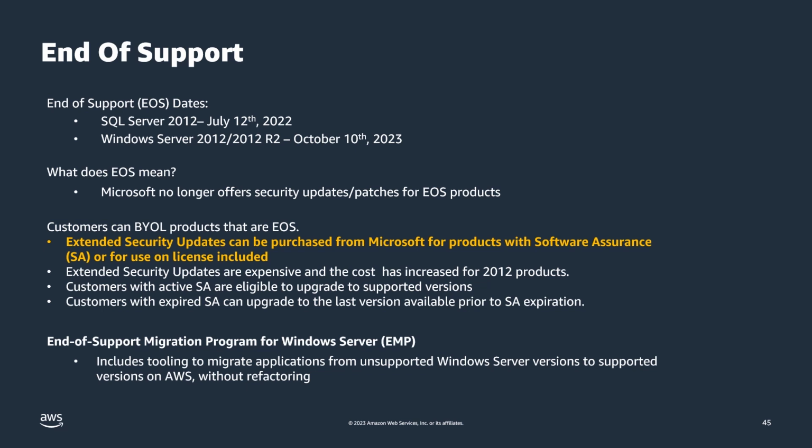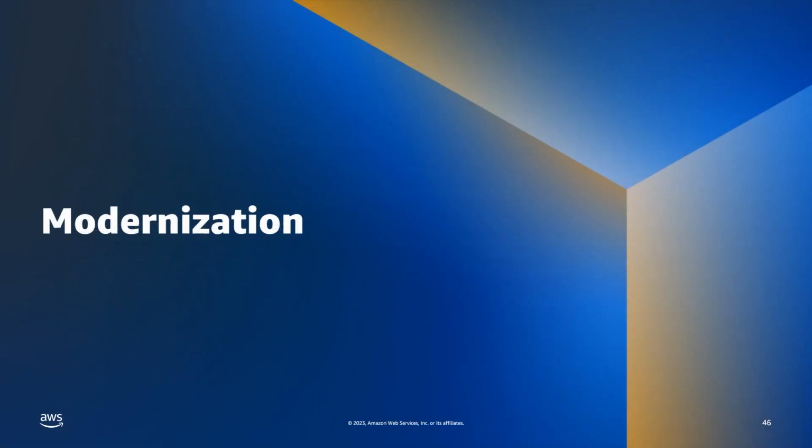We also offer the end of support migration program for Windows Server, which helps customers migrate applications from unsupported Windows Server versions to supported versions without refactoring. So just let us know if you have questions on that, and on the last slide, I'll give you a link to that program.